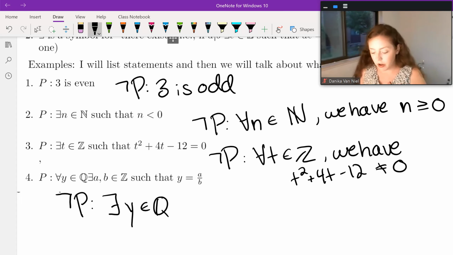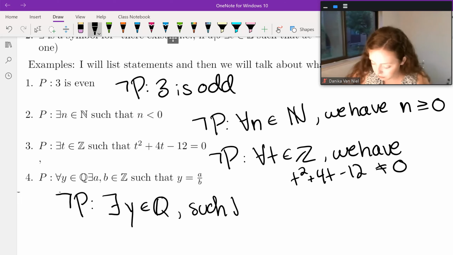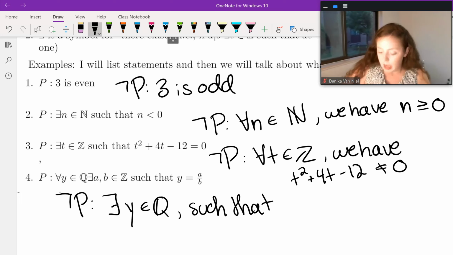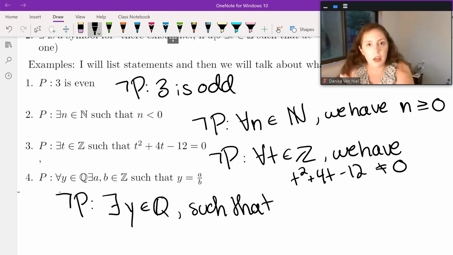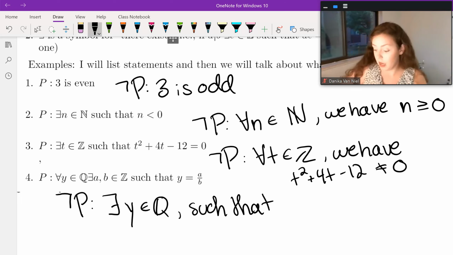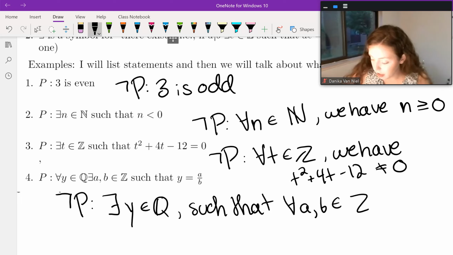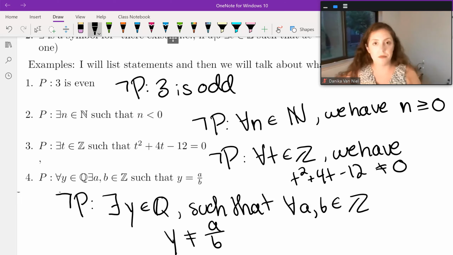So I want to say there exists a y in the rationals such that, and now instead of there exists an a and a b, I want to say you can choose any a and b you want, and this is not going to work. For all a, b in the integers, y does not equal a over b.